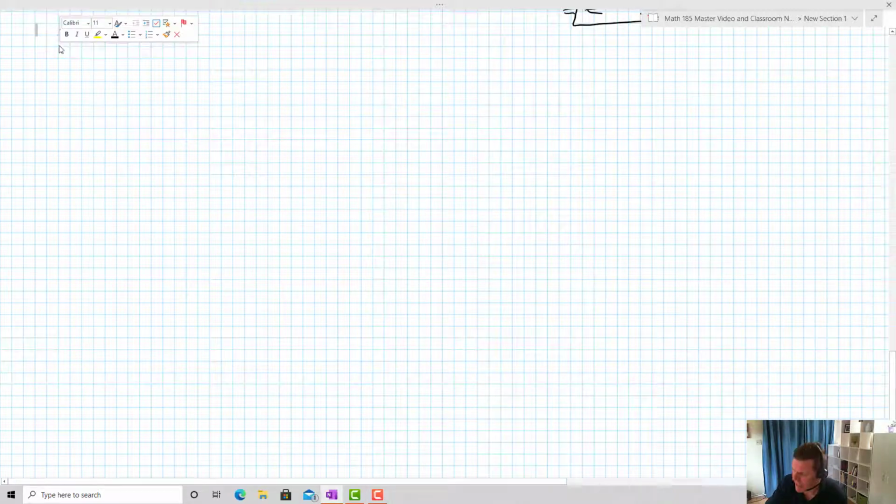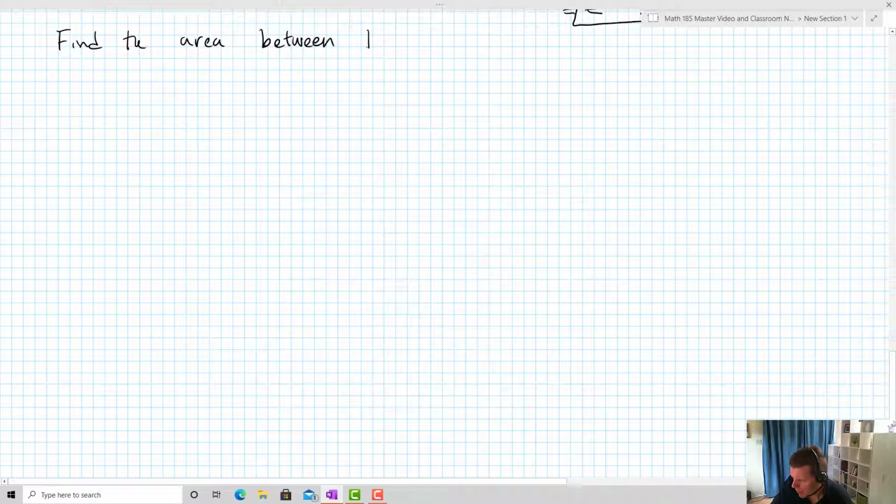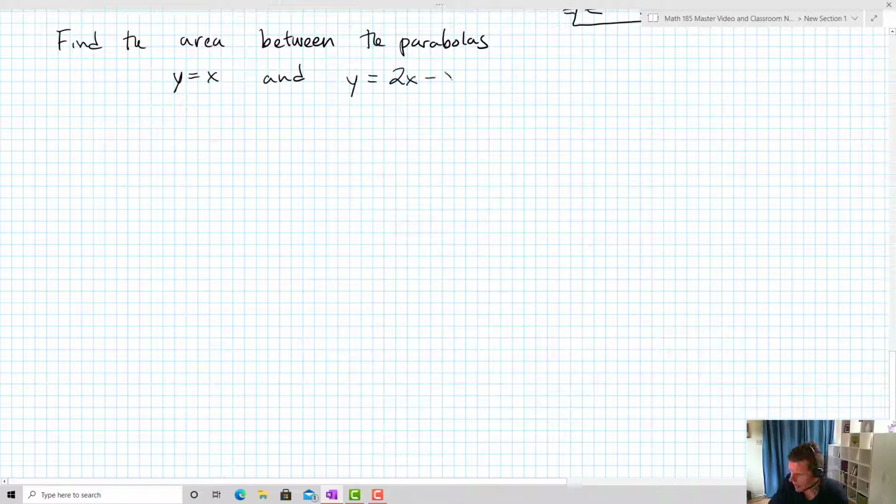So for example, let's find the area between the parabolas y equals x squared and y equals 2x minus x squared. And what you'll notice is we're not given any bounds there. There's no interval on the x-axis, so we're going to have to go out and find that.